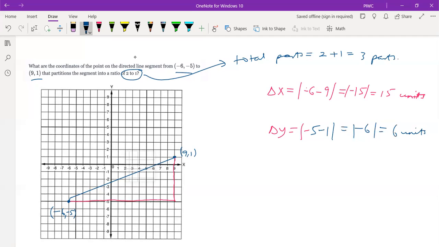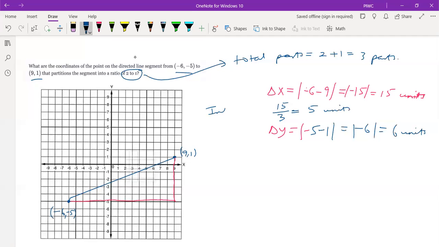So let's do that. For the 15 between the x points, each small length will be 15 divided by 3. I have to divide into 3 parts, right? So it's 15 divided by the total parts. So each length or interval should be 5 units.